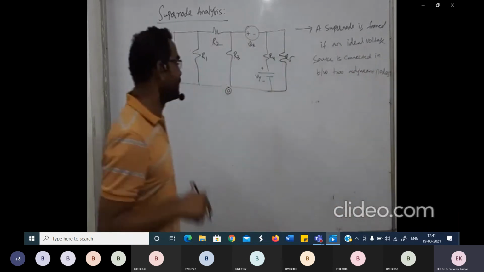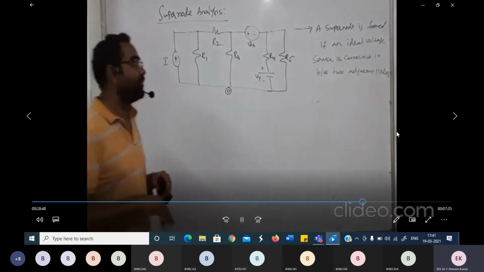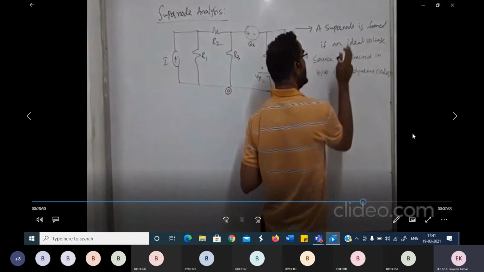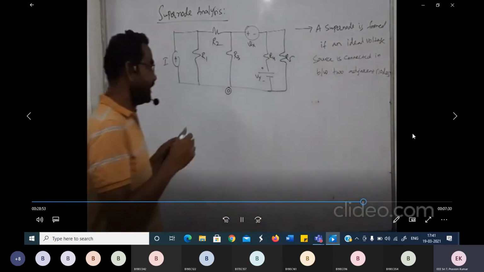Now this is what a supernode is like. So please all of you keep it in mind, a supernode is formed if an ideal voltage source is connected in between two adjacent nodes.